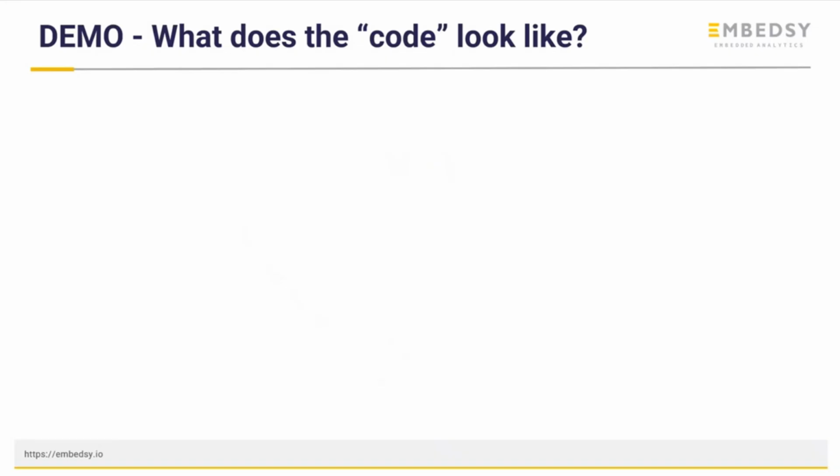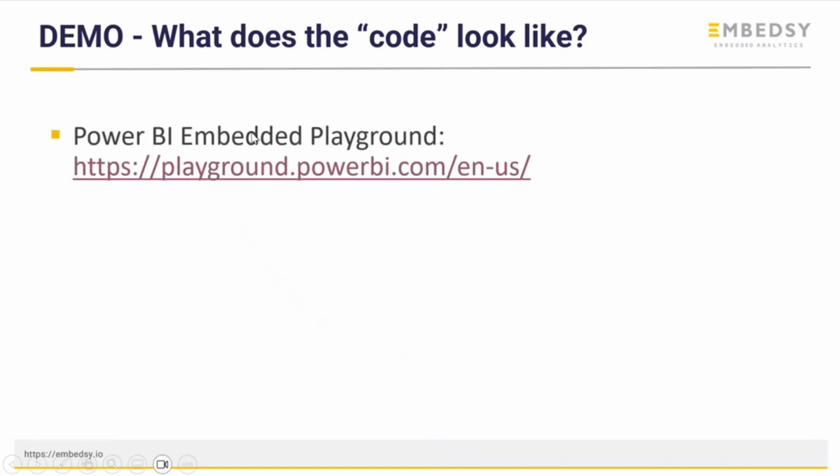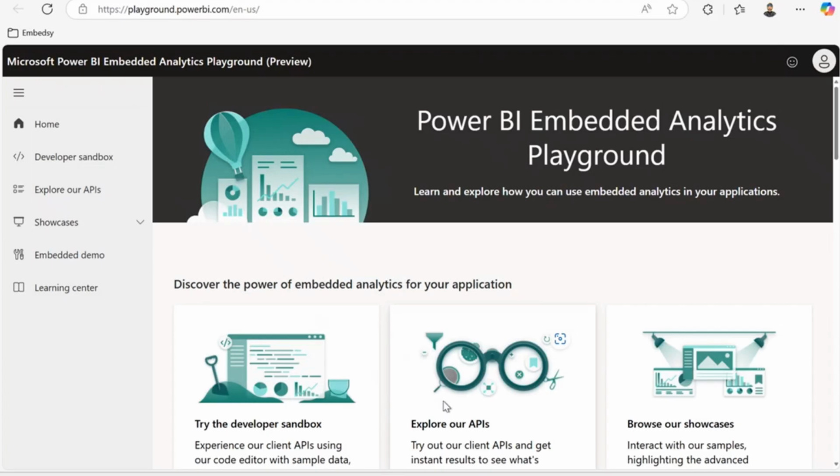So now I want to show you a bit what this really looks like. Now I explained, we looked at slides. I want to show you what the code looks like. And one thing to really dig into if you want to learn how to embed it is the Power BI Playground, Power BI Embedded Playground.